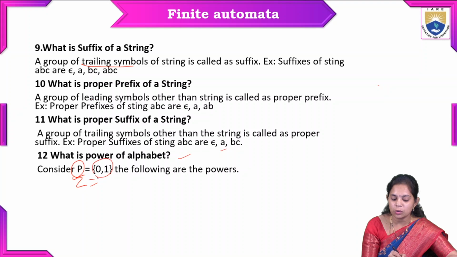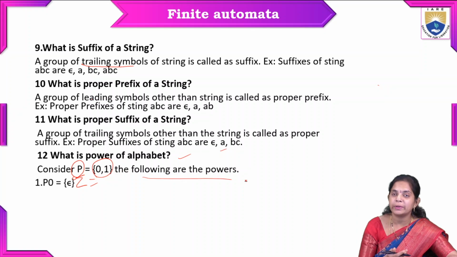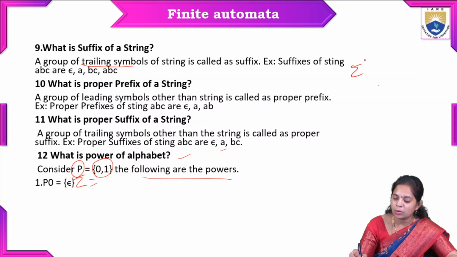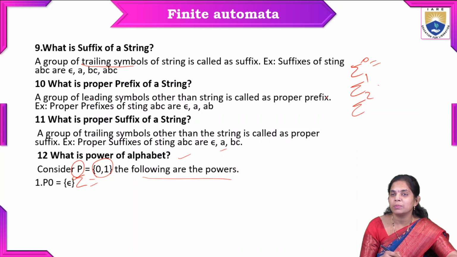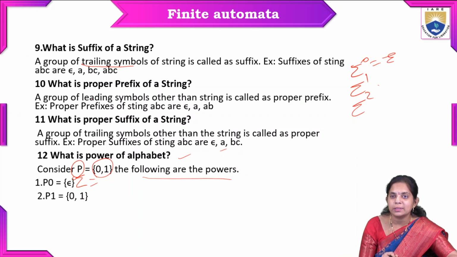Over 0, 1 are the symbols we have. So how do we represent the powers? Sigma 1, sigma 2 and sigma t. Sigma power 0 has no symbols, so we represent it only as epsilon.